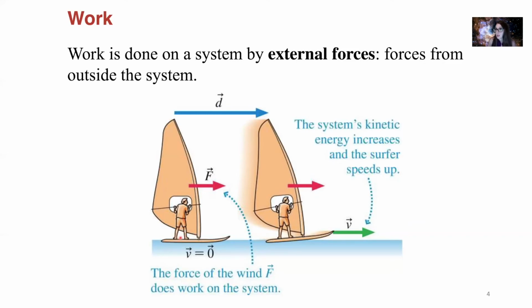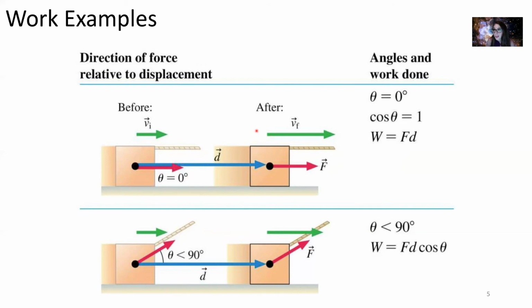Initially, that person has zero velocity, but that force is being applied. And as that force is applied over some displacement, they gain speed. At some later distance away from where we initially started our problem, that person will have gained speed. The system's kinetic energy, that's energy associated with motion, increases as this force is applied, as work is done on the system, and our windsurfer speeds up. Here are some more examples of work.